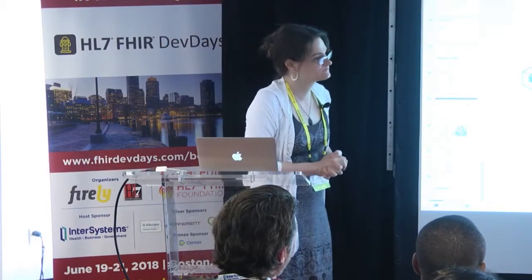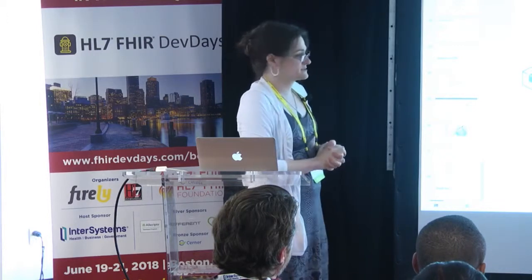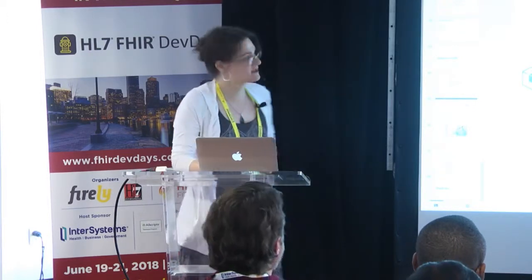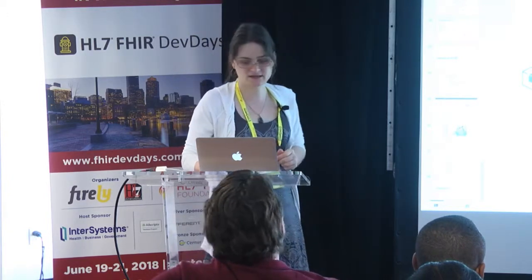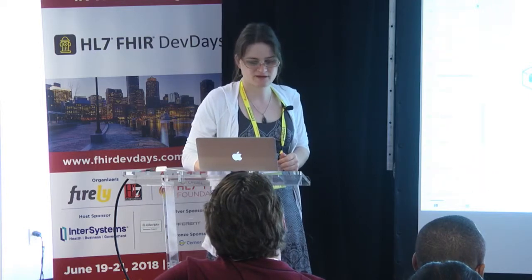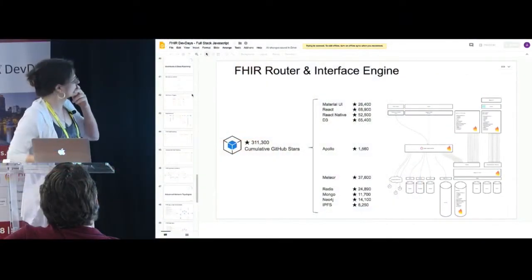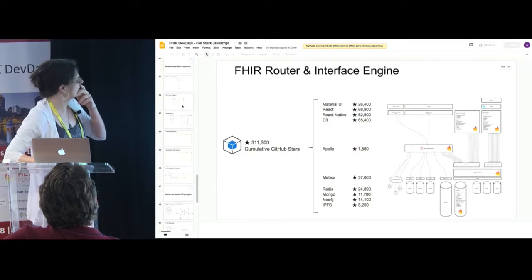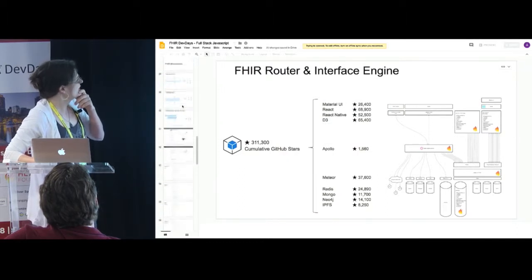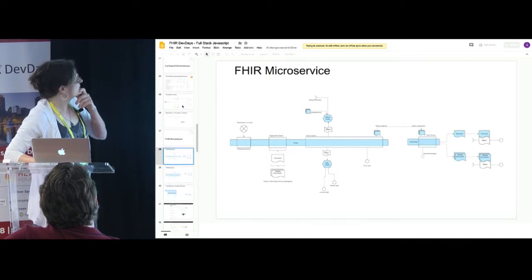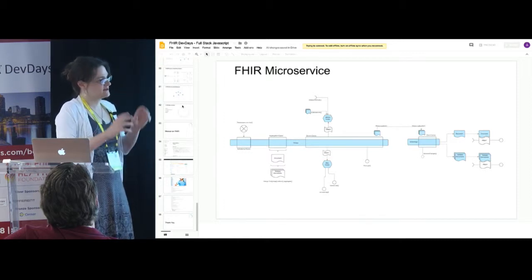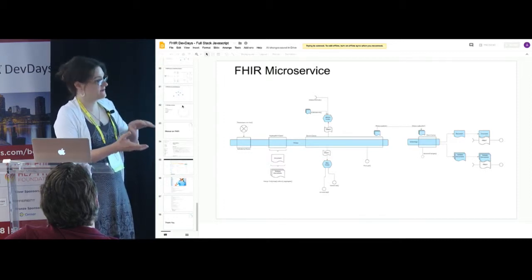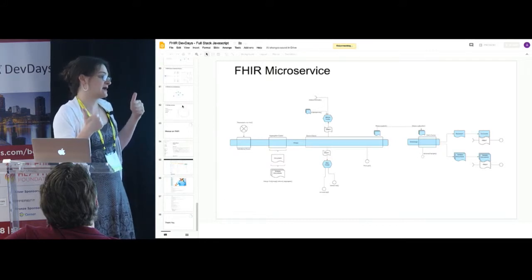Questions? Where all in the stack do you validate the FHIR model? So the schema is kept in the HL7 package library. It's isomorphic, and what that means is that the validation library, the schema validation, gets loaded up on both server and client, and it's actually validating in multiple places.